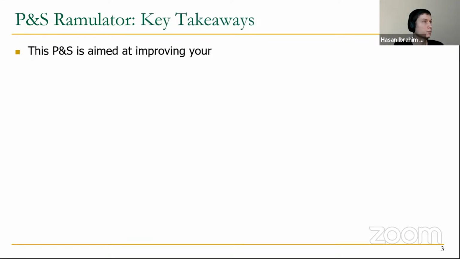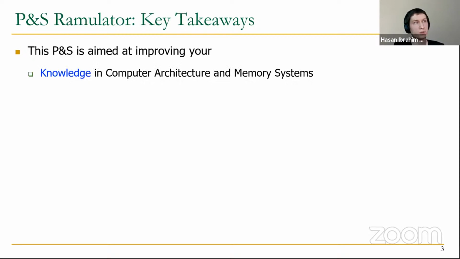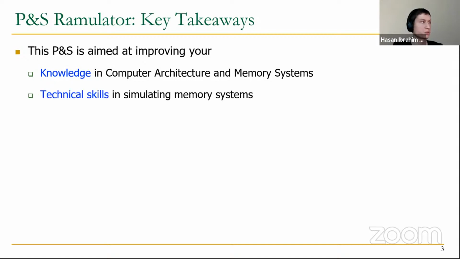Okay. So here are the key takeaways. This P&S course is aimed at improving your knowledge in computer architecture and memory systems in general. We really expect that you learn a lot from this and gain some low-level experience and understand how these low-level memory controller and DRAM mechanisms work.